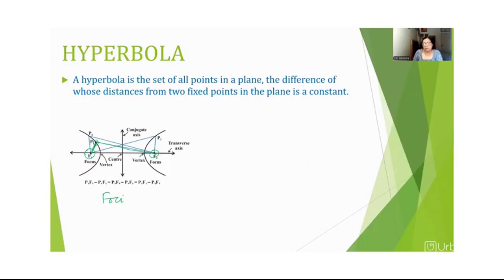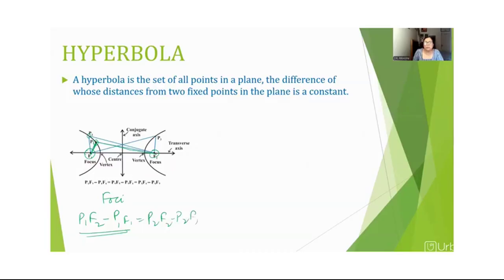What is the difference here? This is P1F2 minus P1F1. This is the difference of these two distances. Now, if we take a similar point P2, here it will be P2F2 minus P2F1.